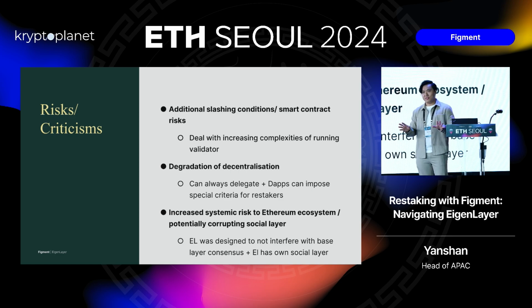But I thought that the founder of EigenLayer, Sreeram Kannan, had a pretty good response, which is that as a home staker, you can still run your own validator, 32 ETH, right? And you just have to monitor the base slashing conditions of Ethereum. And when you are delegating to a node operator, you can always choose someone that's more professional, that has the expertise to run the different AVSs, right?